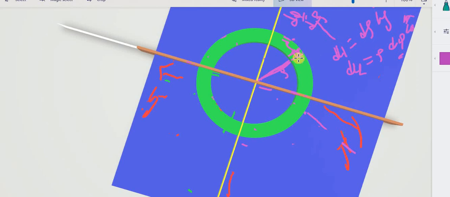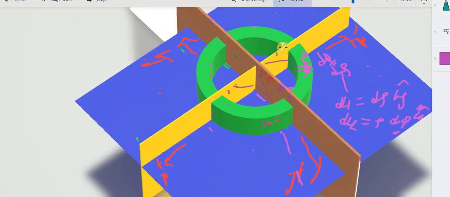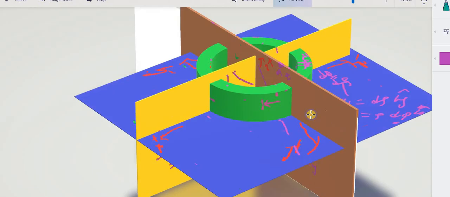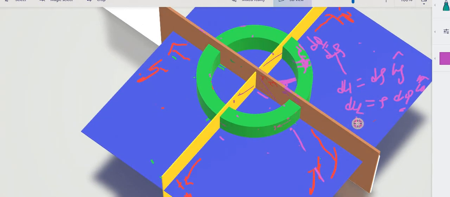The length in this direction will be clear, and the z, obviously it will be in this direction. It is the same as for the Cartesian, dz az.